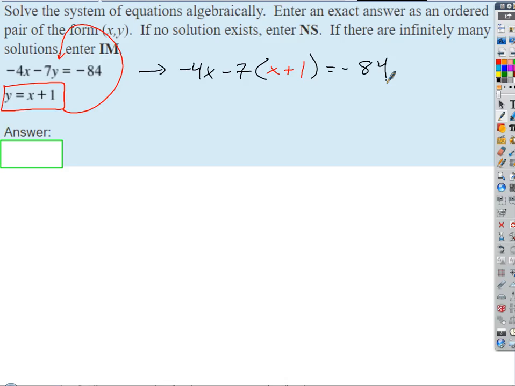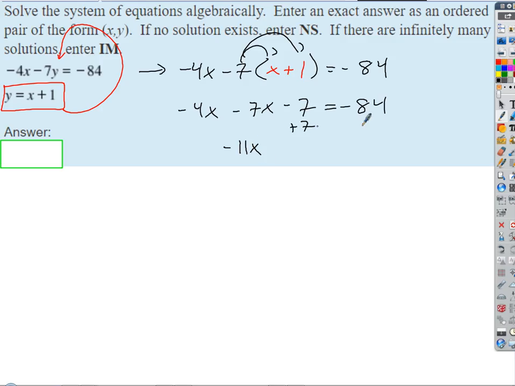What are the steps to solve this then? What would I have to do first before I can isolate x? Yeah, I got to combine like terms. I got to distribute the -7. So I get -4x. What's that going to give me when I distribute the -7? -7x minus 7. And then I just combine like terms, right? -4x minus 7x is -11x.